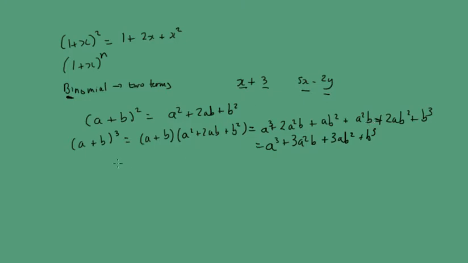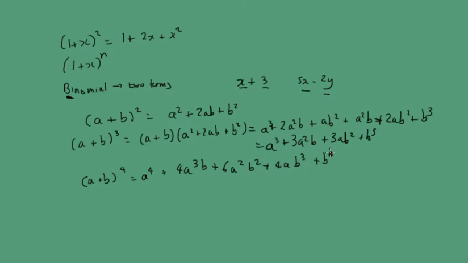Similarly, we can do (a + b) to the power 4. If we work it all out, we get a to the power 4 + 4a cubed b + 6a squared b squared + 4ab cubed + b to the power 4.